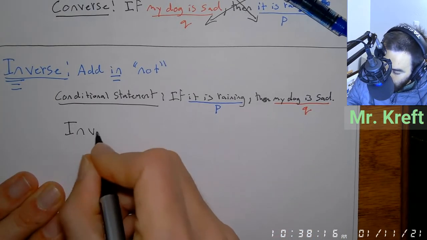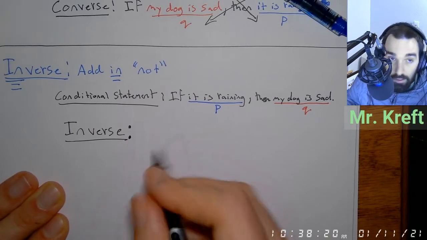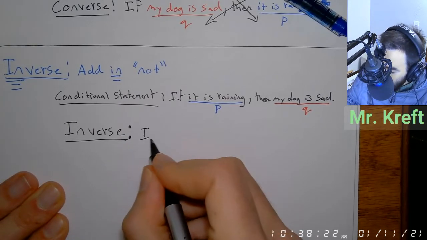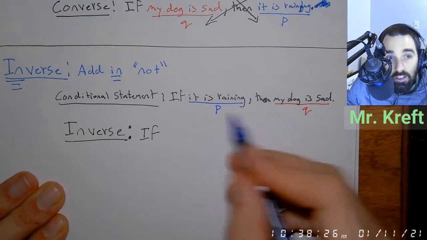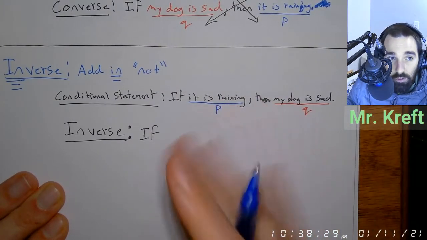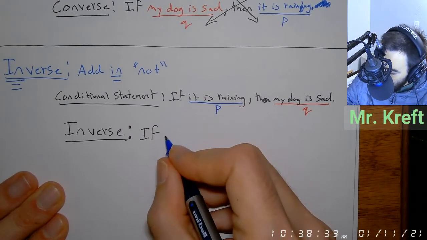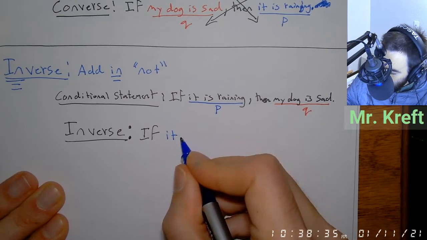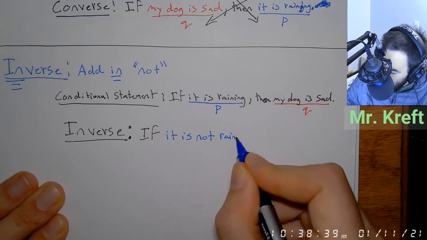So my inverse is going to read: if... and I'm not switching P and Q. The converse is when you switch them. I'm just going to add in the word not. So I'm going to say if it is not raining.